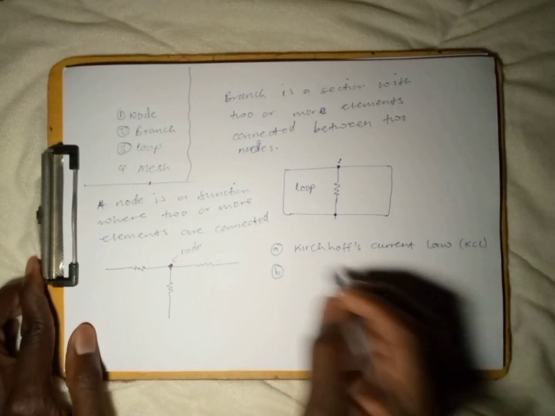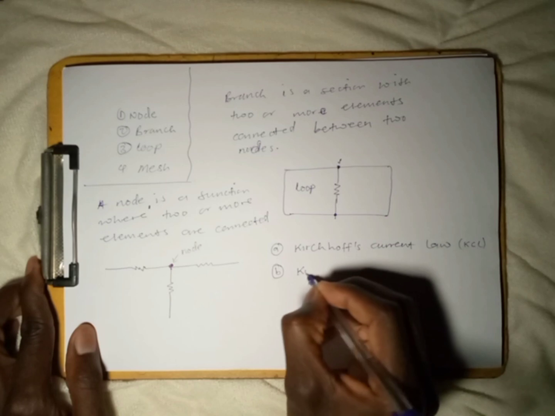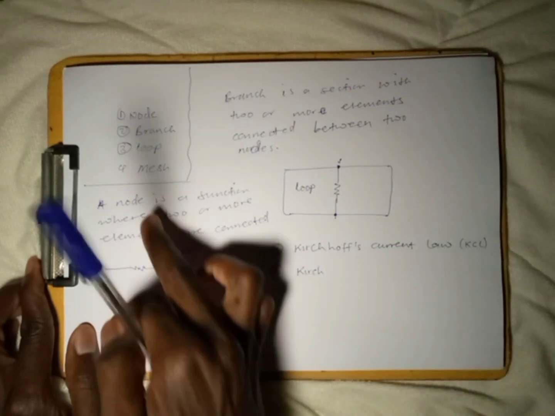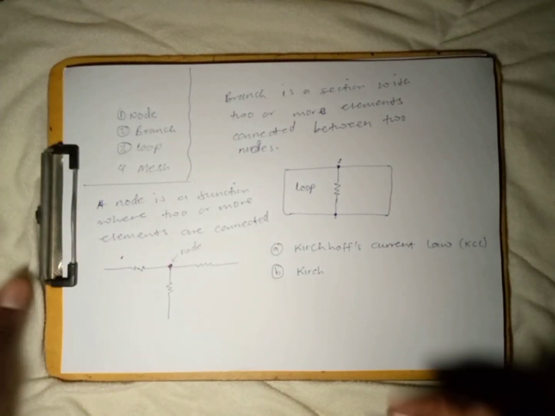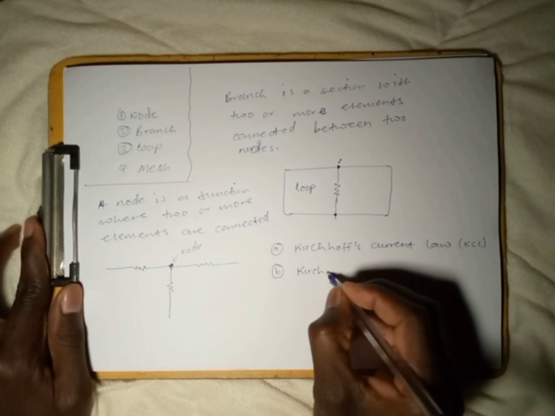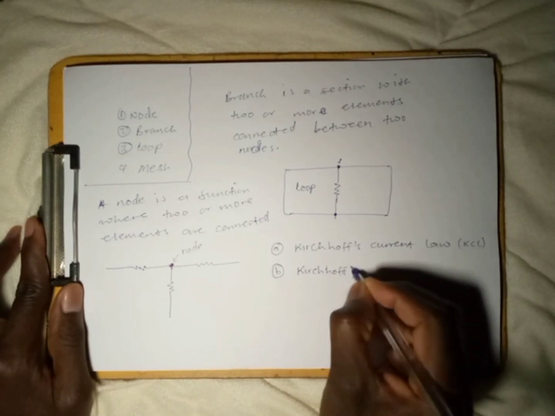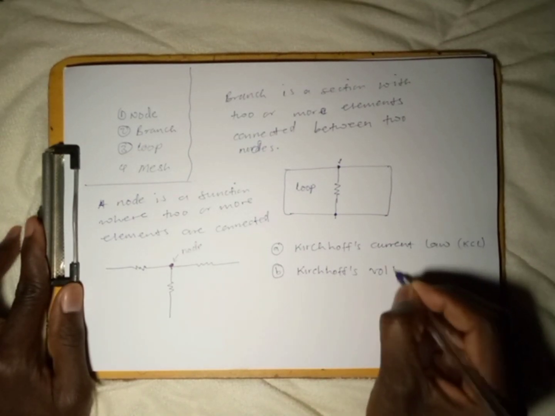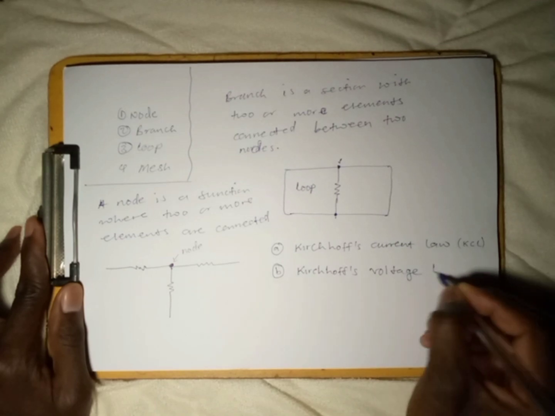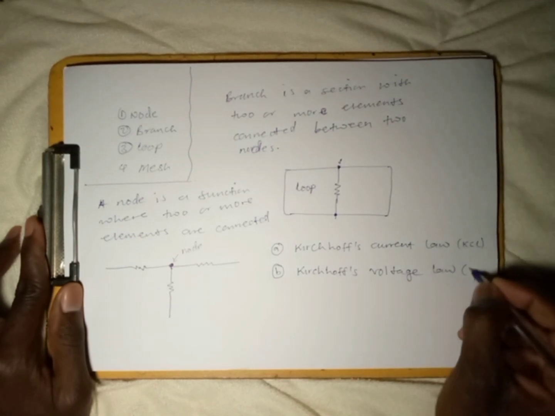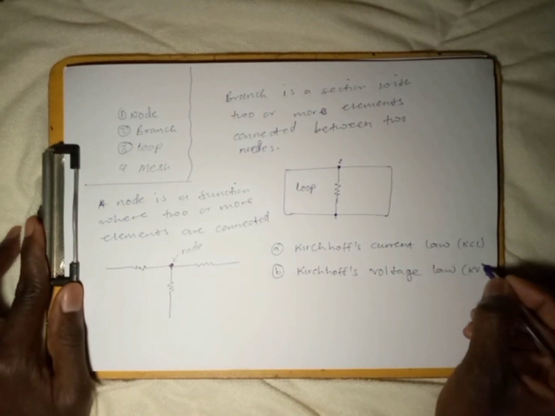The second one is what we call Kirchhoff's voltage law. Say this is KVL.